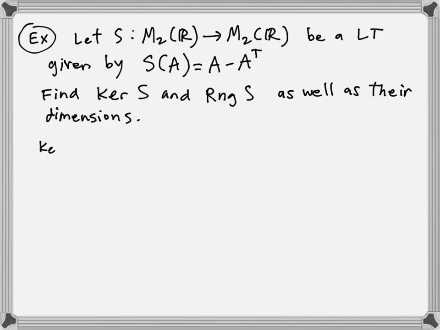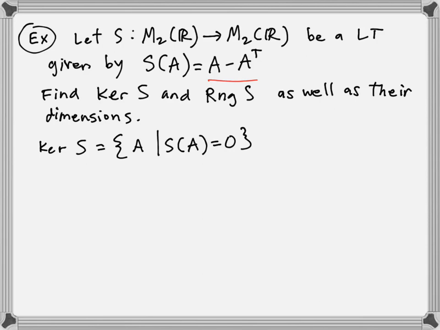Let's start with the kernel of S. The kernel of S is the set of all matrices such that S of A is equal to the 0 matrix. But what is S of A? Don't forget that S of A is really A minus A transpose.